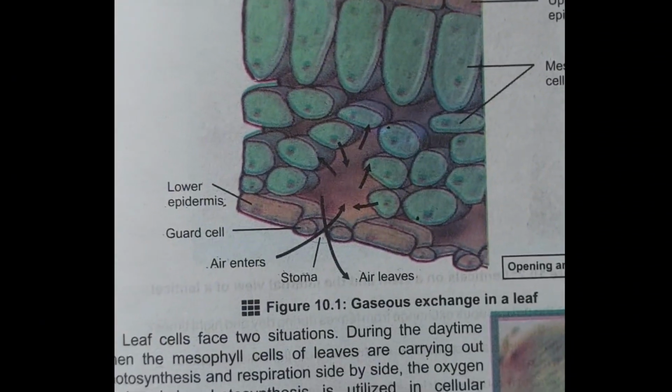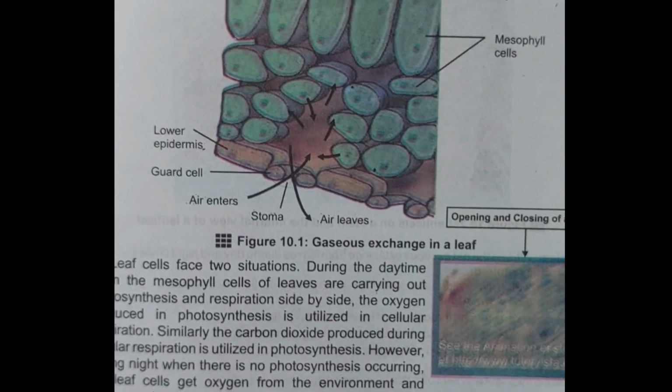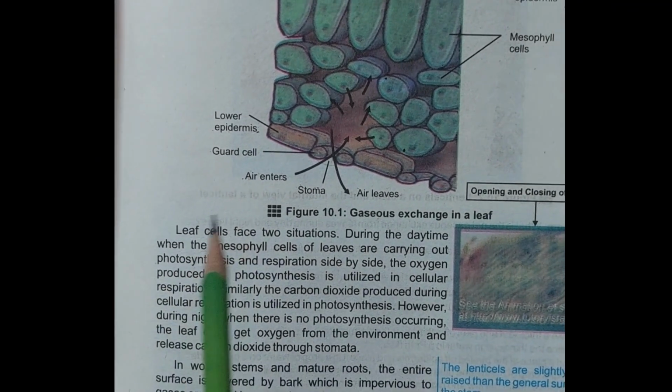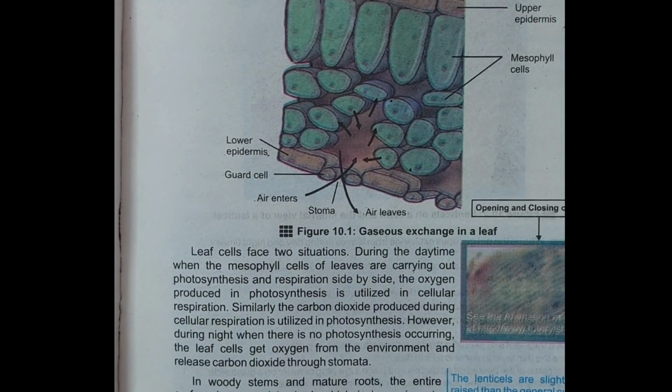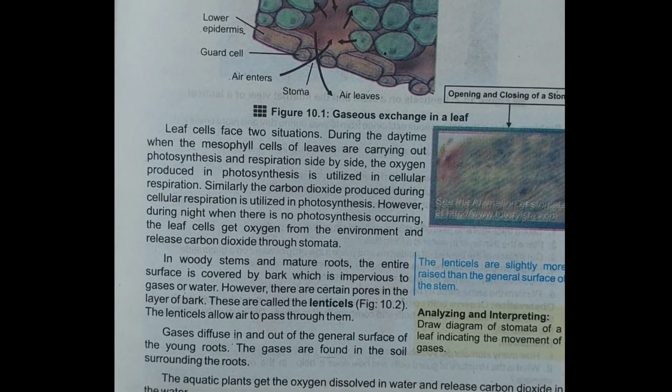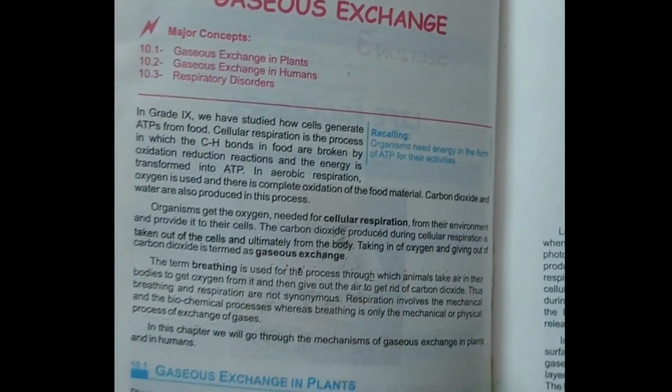And here we also learned cellular respiration, in which cells respire to get energy, right? They store that energy in the form of ATP, which is later broken down to get energy, right?